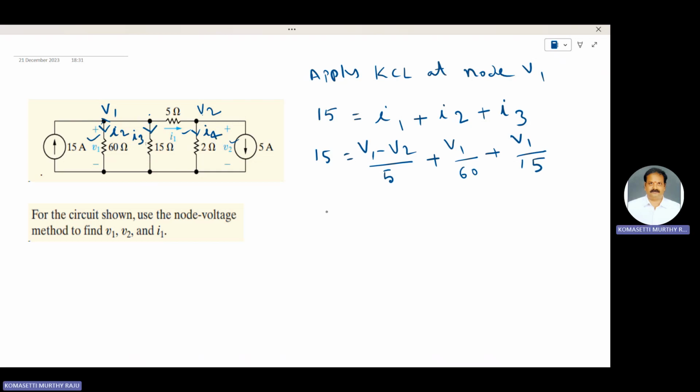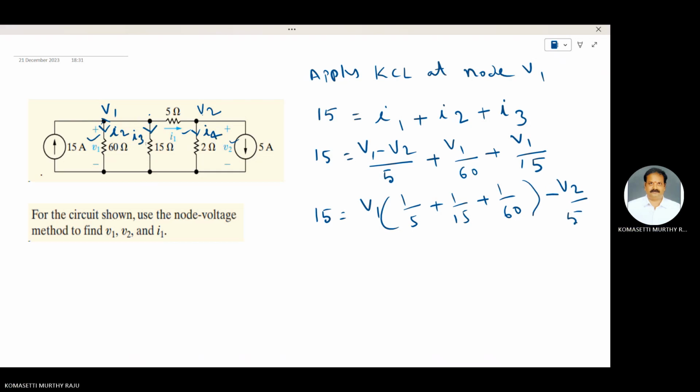So 15 is equal to V1 into (1 by 5 plus 1 by 15 plus 1 by 60) minus V2 by 5.